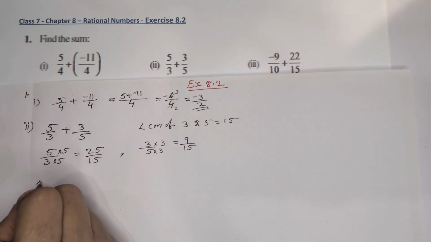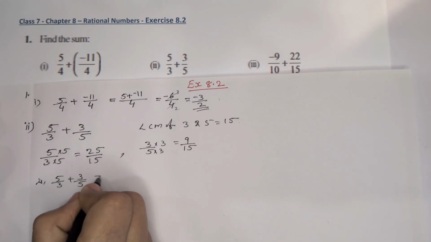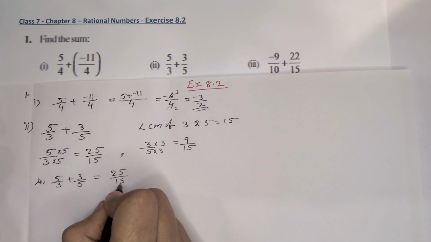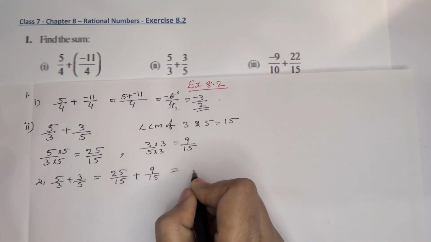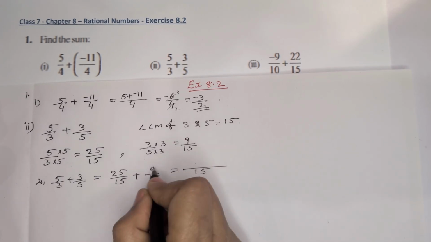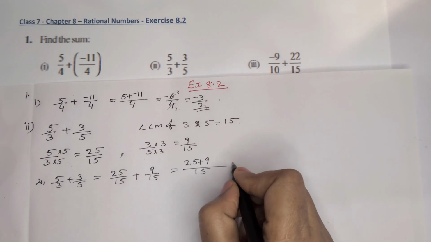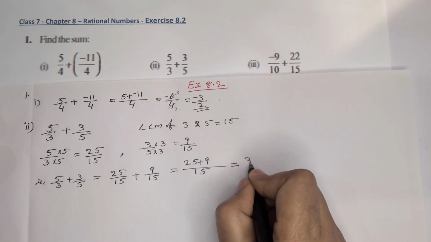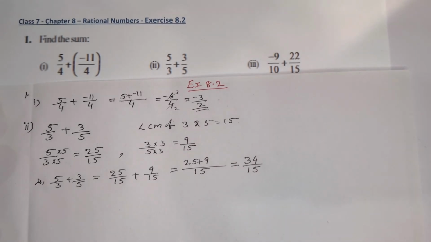Now 5 by 3 plus 3 by 5 is equal to 25 by 15 plus 9 by 15. Now the denominators are same, 15, so we can add the numerators 25 and 9, which is equal to 34 by 15. So the answer is 34 by 15.